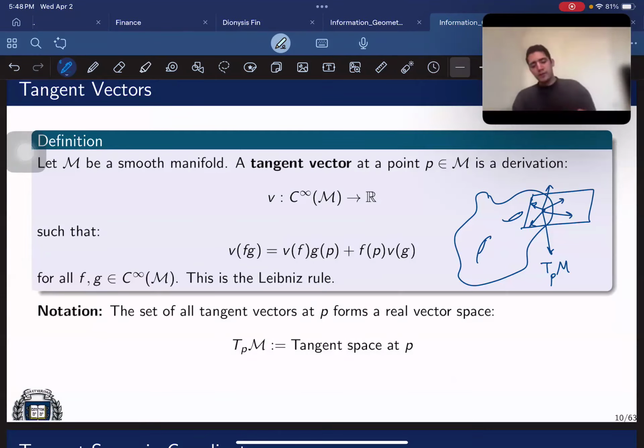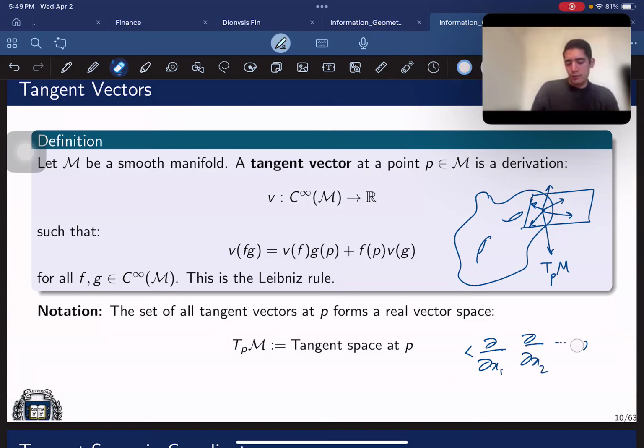This is essentially gluing Rn into that point, and we call this the tangent vector. And as you remember, the basis of this vector space is given by x1, x2, ..., xn.